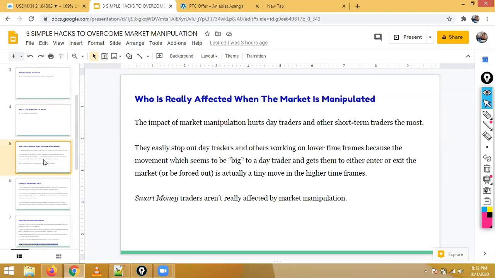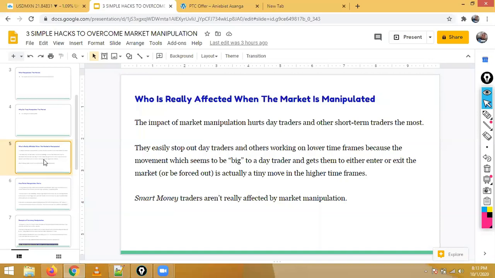All right. So the next question I want us to consider is who is really affected when the market is manipulated. Market manipulation really hurts the day traders and other short-term traders like the scalpers. They easily stop out traders working on lower time frames, because a movement which seems very big to a day trader, getting them to either enter or exit a market, is actually a tiny move in the higher time frame.